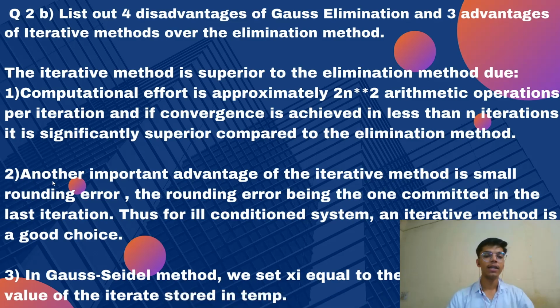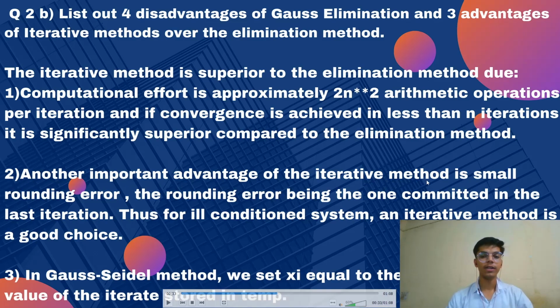Second point, another important advantage of the iterative method is small rounding errors, the rounding errors being the ones committed in the last iteration. Thus, for an ill-conditioned system, an iterative method is a good choice.